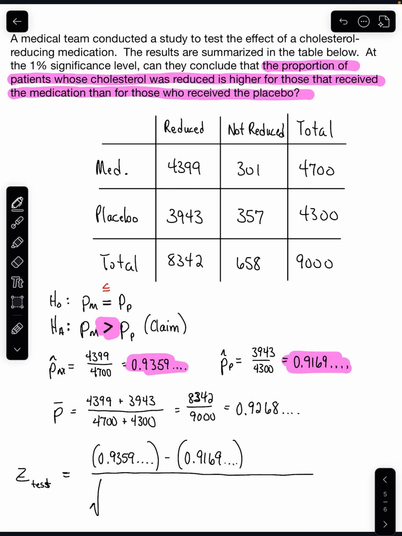In the denominator, then, we have the square root of our p hat times its complement, which is q hat, times 1 over the sample size of the first sample plus 1 over the sample size of the second sample. And all of that goes under a square root. And this is, admittedly, an awful big thing.